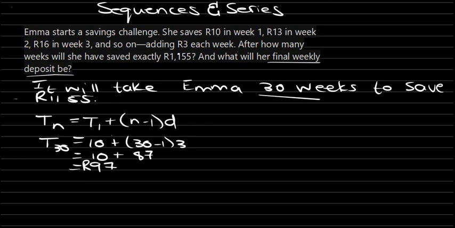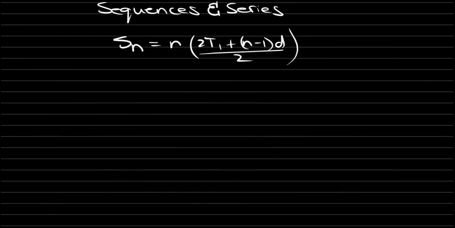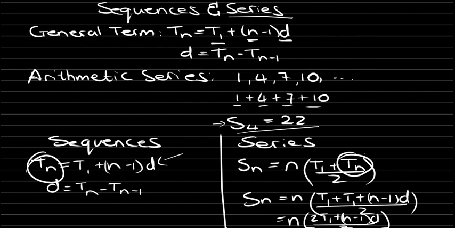Alright, so let's just do some recap. Again, what is an arithmetic series? And this is with all the sequences and series that we are going to cover. The sequence is just the set of numbers, and the series is adding the set of numbers up to a certain value of n. Say for example in the last question that we had, we needed to add up till n equals 30, so the 30th term.